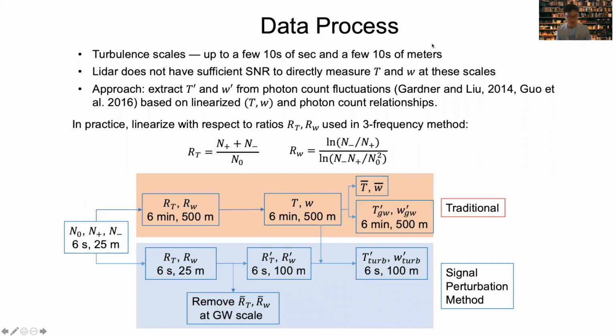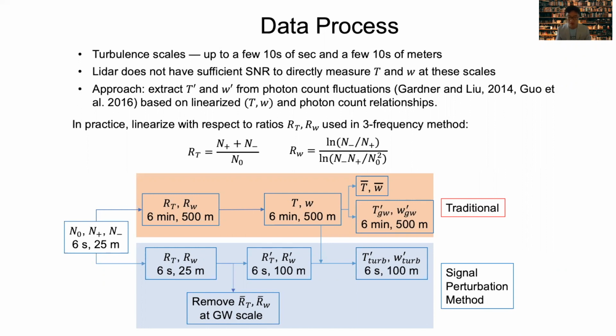The data processing shows how we get the turbulence perturbation. Turbulence scales are small, up to a few tens of seconds and a few tens of meters. Lidar does not have sufficient SNR to directly measure temperature and wind at these scales. So we need to extract the temperature perturbation and wind perturbation from photon count fluctuations based on linearized T, W, and photon count relationships.